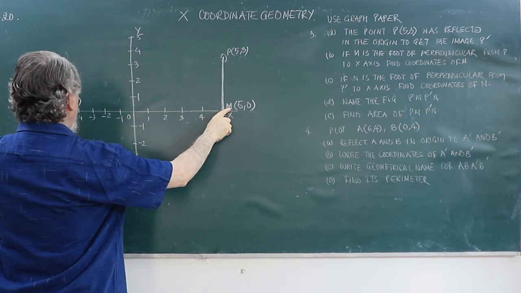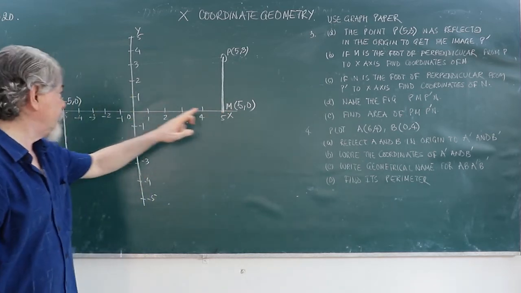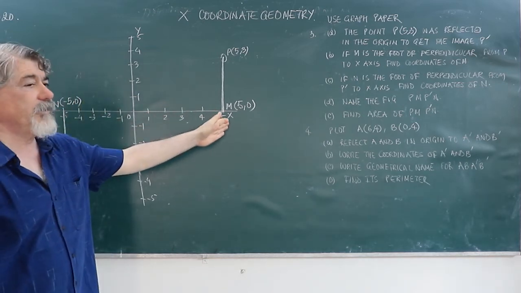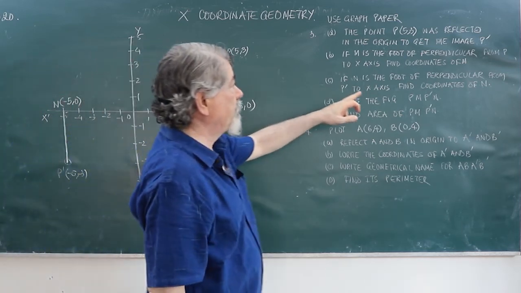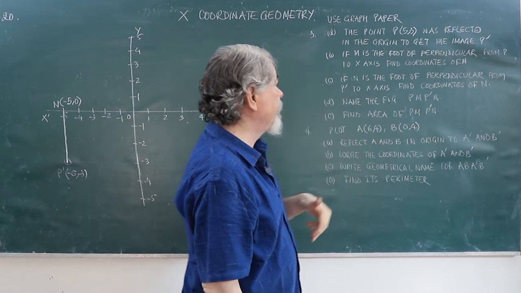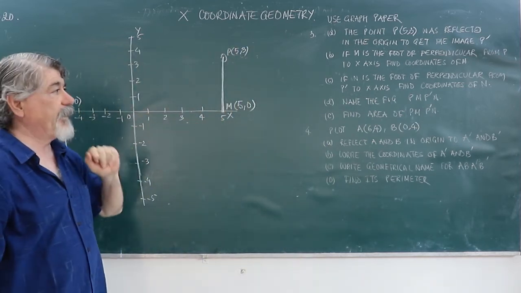M and N are reflections of each other in y-axis. M is reflected in y-axis, you get N. N is reflected in y-axis, you get M. Now he says find coordinates of N. So we have written the coordinates of N as well as the coordinates of M.